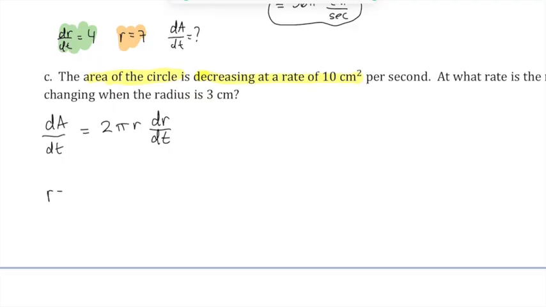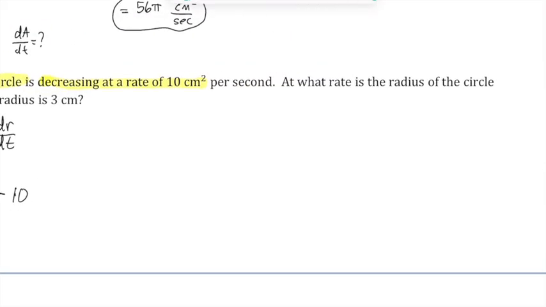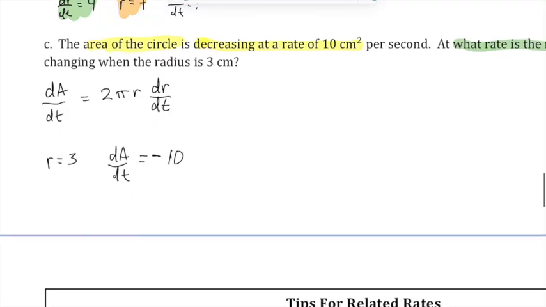So we know that r is equal to 3. Now, this rate is going to be dA/dt, because the area of the circle is decreasing, which is negative, at 10 centimeters squared per second. And then we are finding how fast the radius is changing, so we're looking for dr/dt.